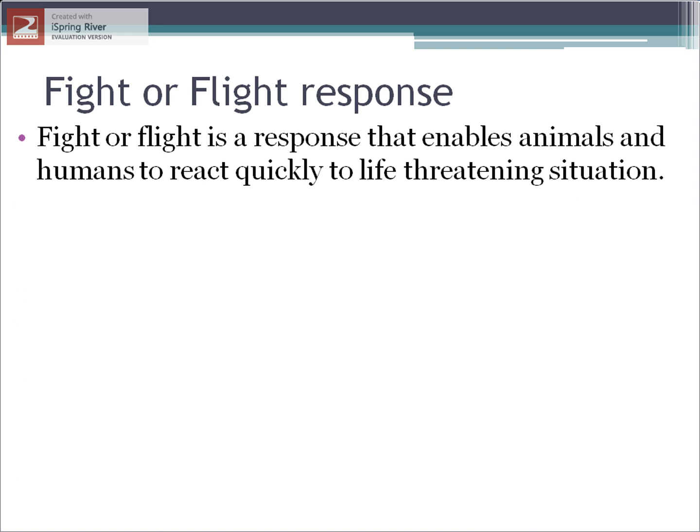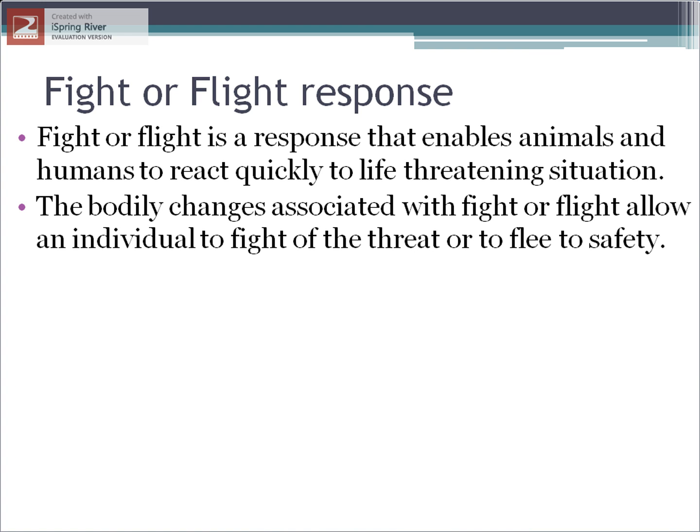Okay, so finally we are going to look at the fight or flight response. When a person experiences a threatening or stressful situation, their body reacts in specific ways. The heart beats faster, their breathing becomes more rapid, and their muscles tense.